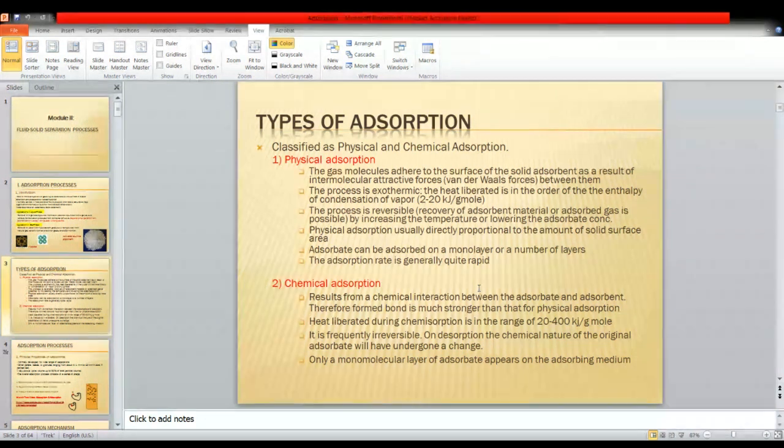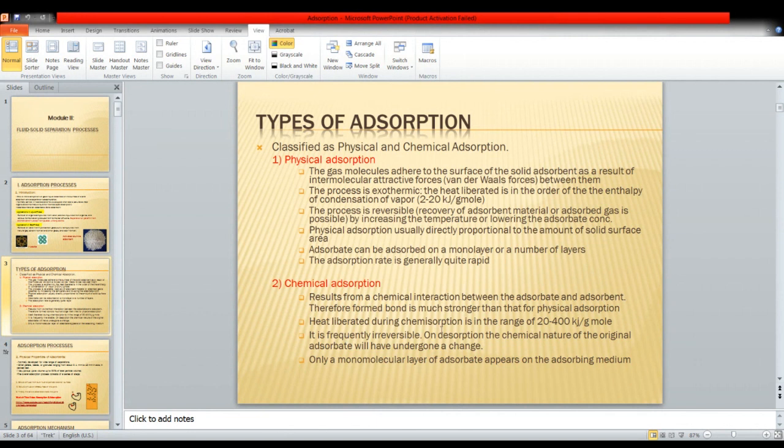This is just one-sided. Once it is reacted, its shape or properties change. So it forms a bond, a strong bond like a covalent bond, stronger than physical adsorption.